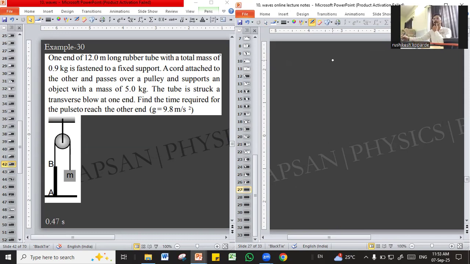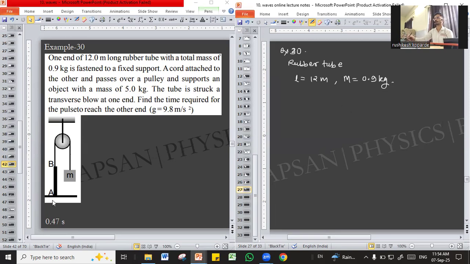One end of the 12-meter long rubber tube with a total mass of 0.9 kg is fastened to a fixed support. So you can see the rubber tube AB. We have this rubber tube having length equal to 12 meter and mass equal to 0.9 kg.